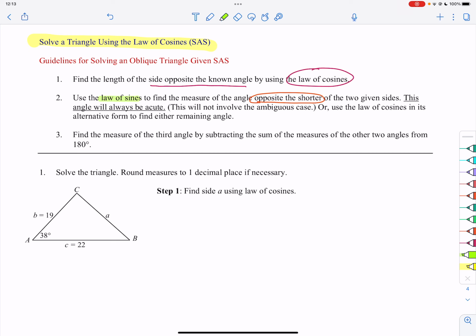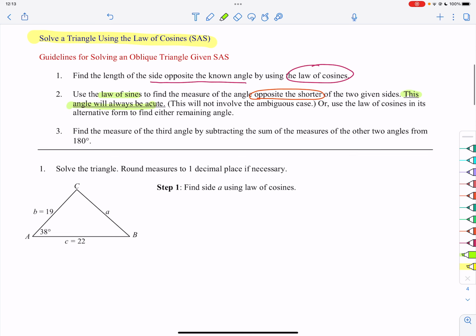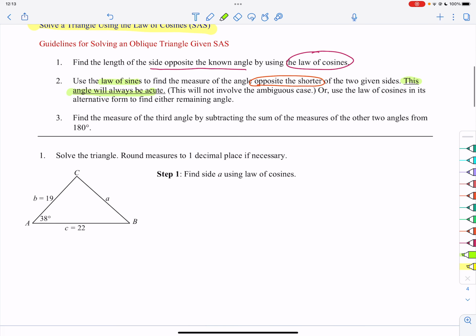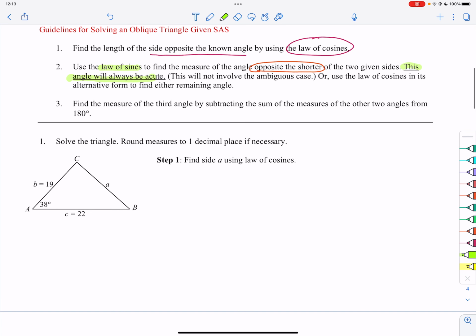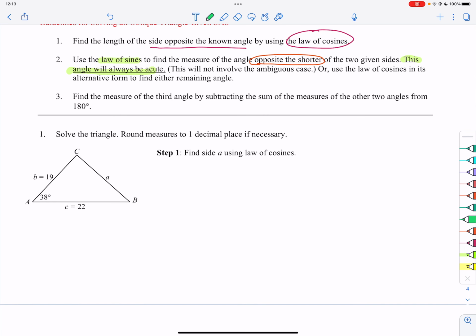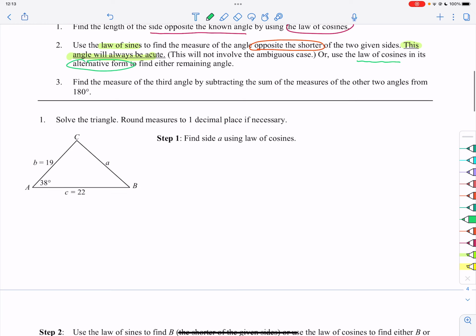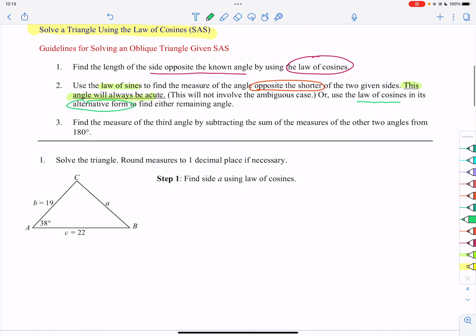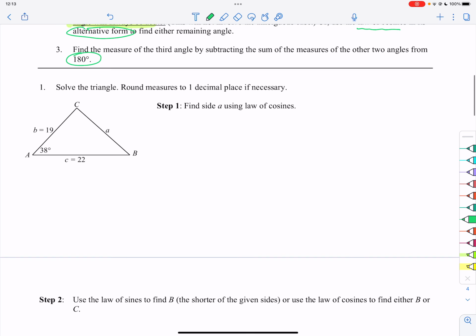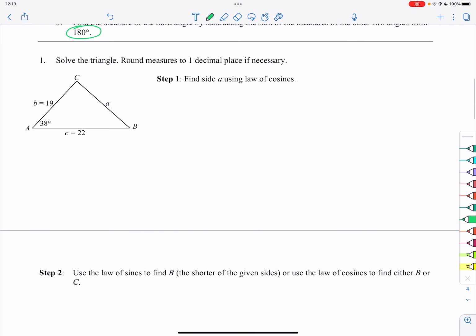This angle will always be acute. Okay? It will not involve an ambiguous case. You can also use the alternate form of the law of cosines. Then we'll find the measure of the third angle, which we're very good at because the sum of the measures must be 180. So let's give number 1 a try.